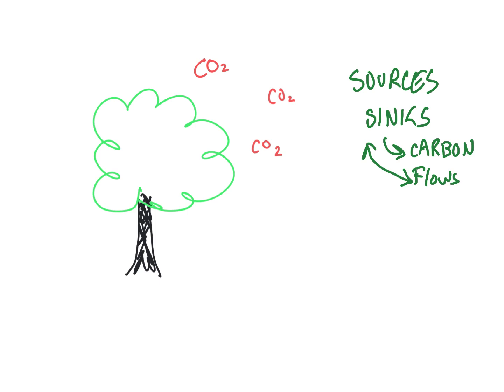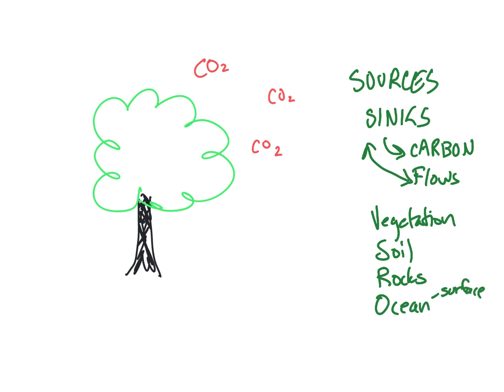Just for example, a couple of carbon sinks, we'll talk about vegetation in a second, but vegetation serves as a carbon sink. Soil serves as a carbon sink. Some rocks, especially those that form in the shallow ocean, can serve as carbon sinks. And the ocean itself, there is carbon stored in both the surface and in the deep ocean.